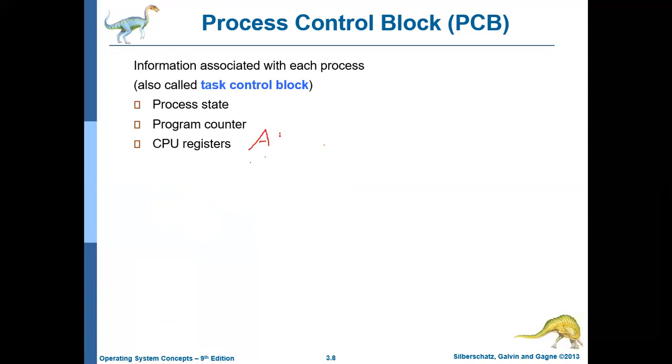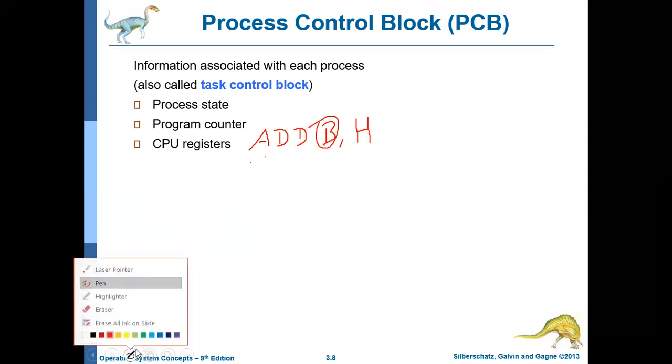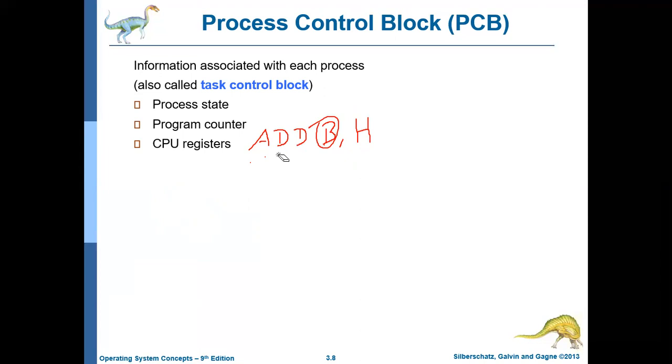Say for example, if I perform something like this, add b comma h. Let us assume b is a general purpose register and h is a general purpose register. So what it will do is, the content of b will be added with h and the result will be stored in b. Okay. So general purpose registers are used to perform this type of operations.